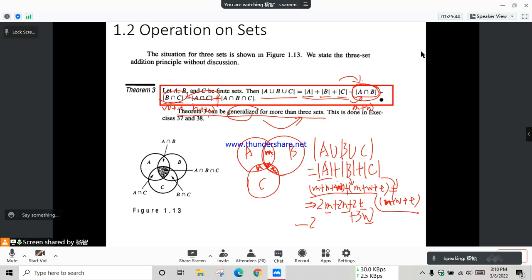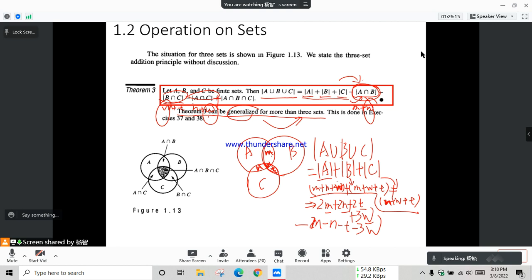This is subtracting 1M, 1N, 1T, but 3W, because W is in this, W is in this, W is in this.